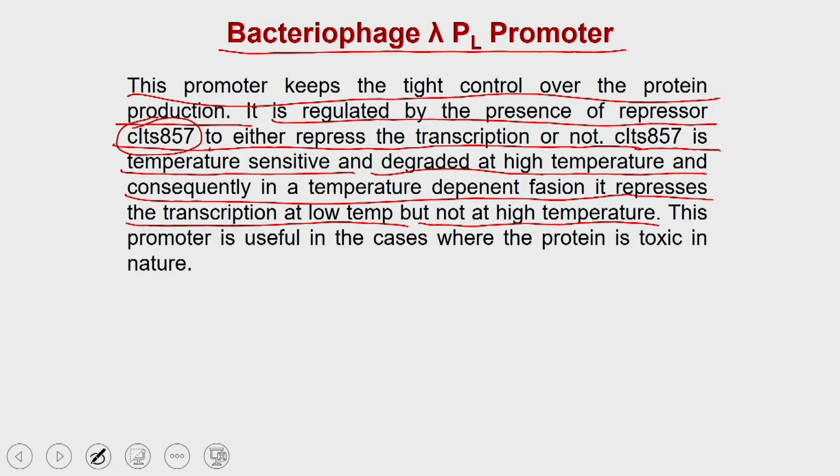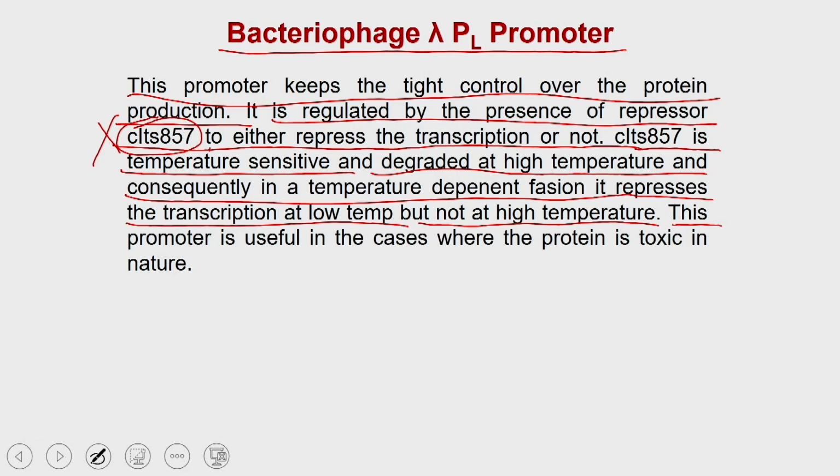But once you change the temperature, for example from 37 to 42, that will degrade this particular repressor, and once it is degraded, there will be no repression on the promoter, and as a result it is going to give you the protein.